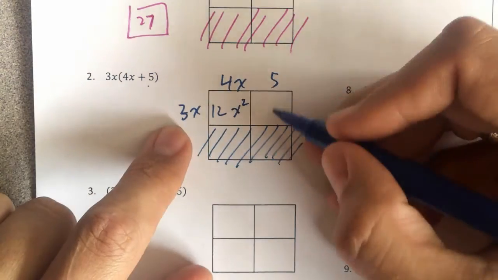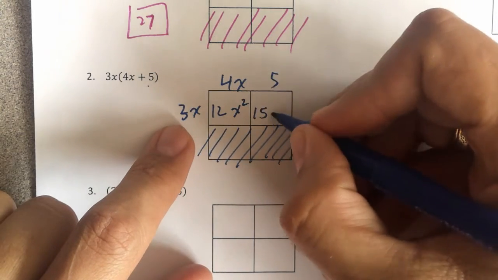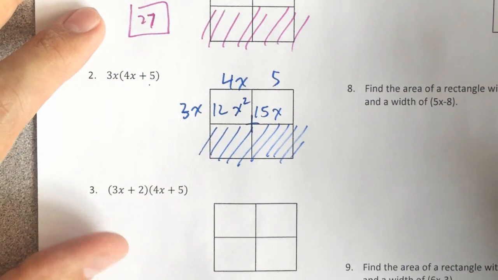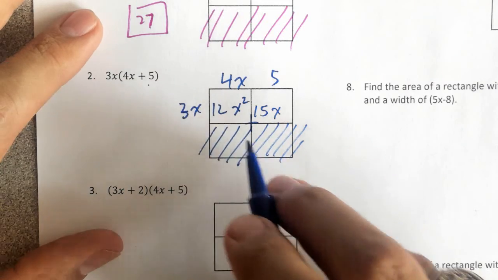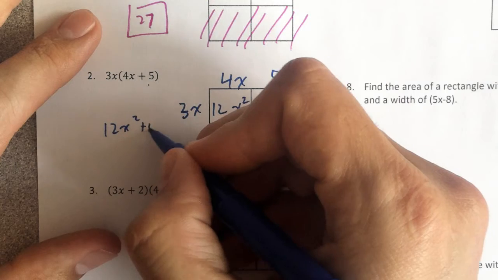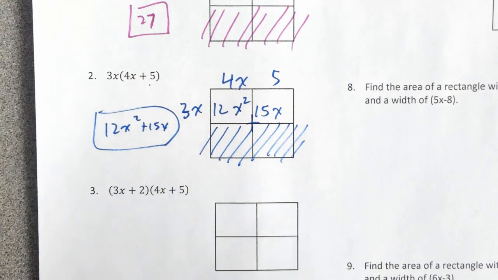And then I'm going to do 3x times 5. 3 times 5 is 15. I still need the x. Now, I am still going to add these in here, but they are not like terms. So I'm done. This is 12x squared plus 15x. That is it.